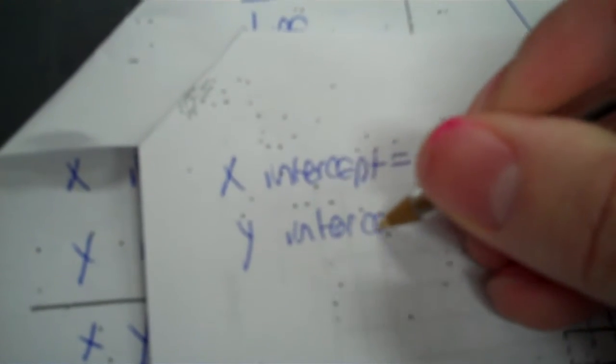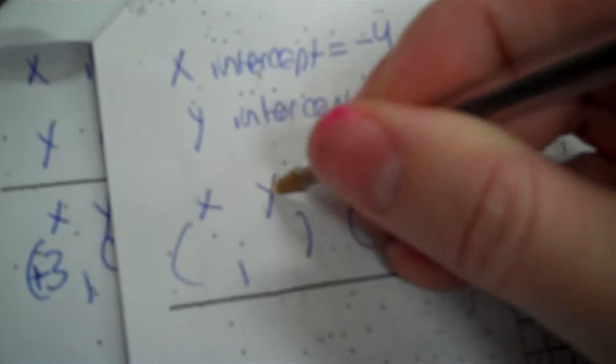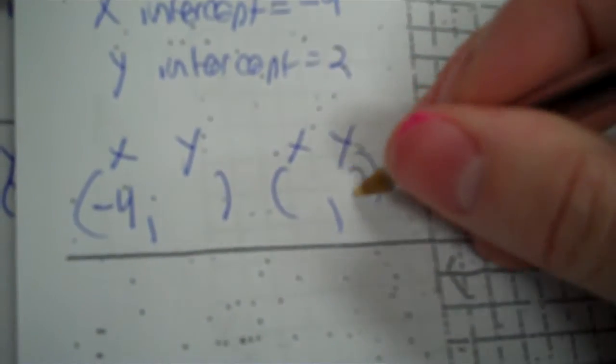Okay, x-intercept equals negative 4, y-intercept equals 2. Again, you format those into coordinates. So x-intercept negative 4, so negative 4 there, and then for y, put 2, and then the rest of the coordinates are 0.